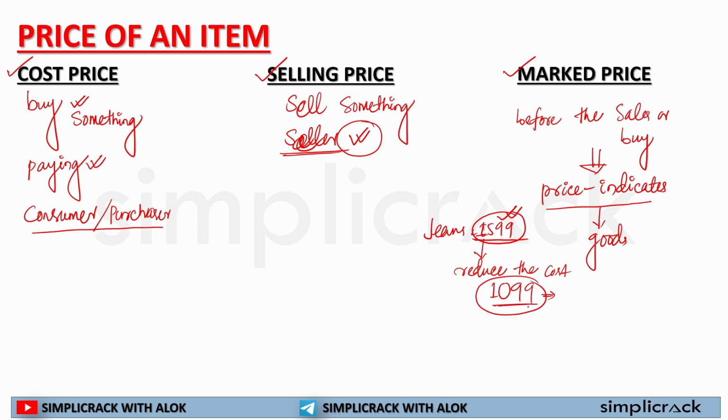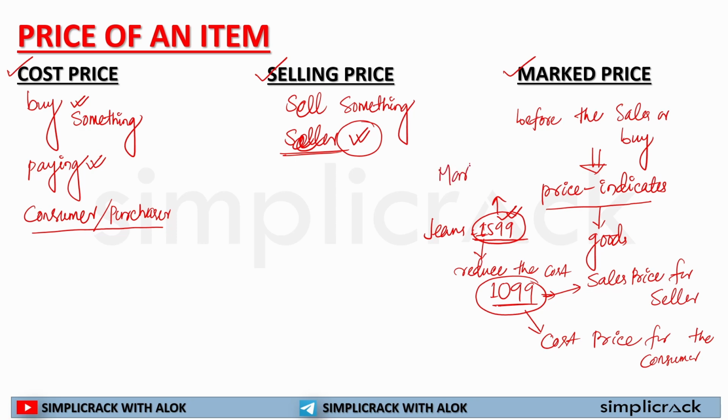So if the purchaser, if the consumer agrees to pay this price, then this will be the sales price for the seller, and this is the cost price for the consumer. But this was what? This was a marked price that was indicated.